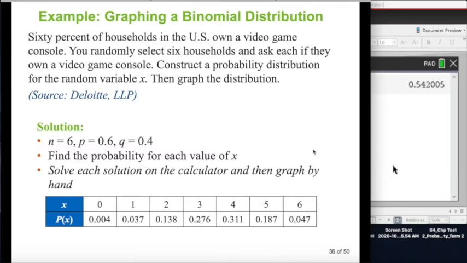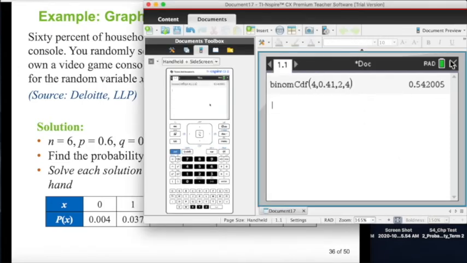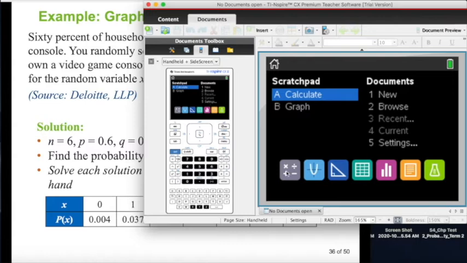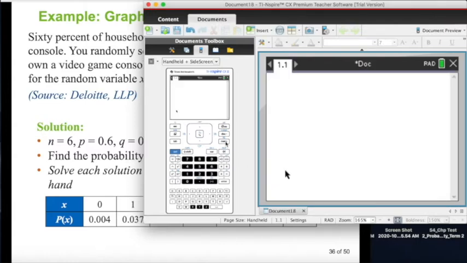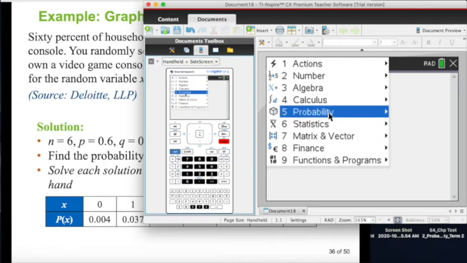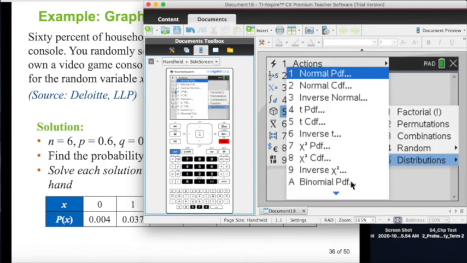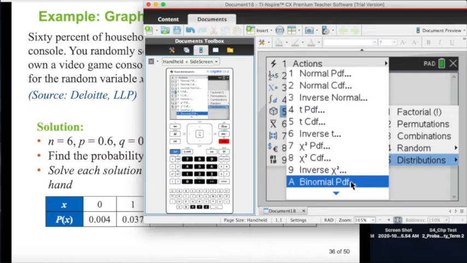Okay, let's go back to the calculator. Clear this up. Go to calculate and then menu, then go to probability followed by distribution. In this case we are using binomial PDF because we want a specific value of success, when x is equal to 0, when x is equal to 1, until when x is equal to 6.